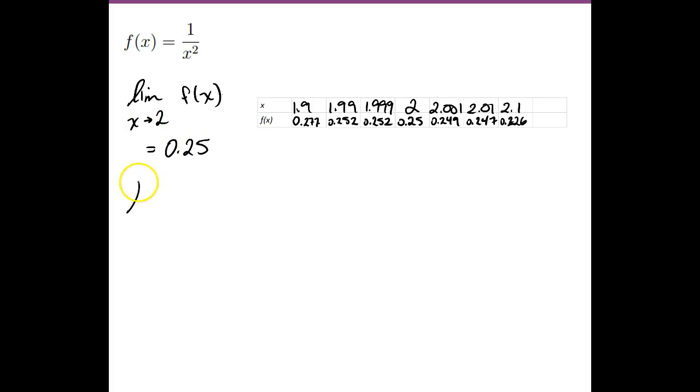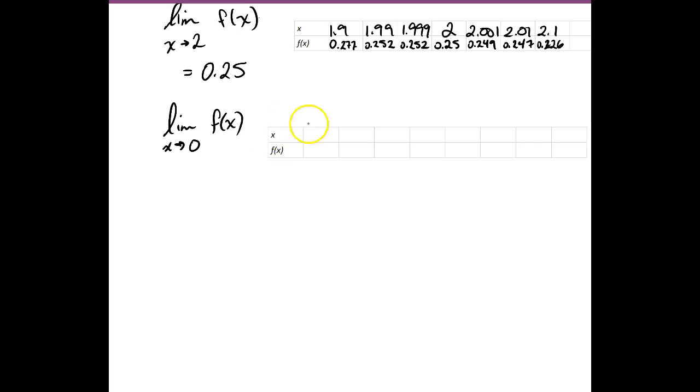Okay, but if I ask for the limit as x approaches 0, we might find some more interesting things. So again, I've got my table of values. I can maybe plug in 0, but I know it's going to be undefined because that's one of my non-permissible values. So again, I'm approaching 0. Now I won't mess this one up because I already did it up there.